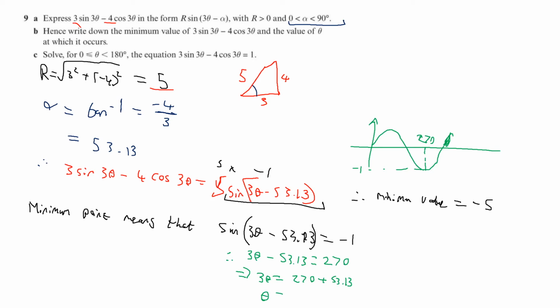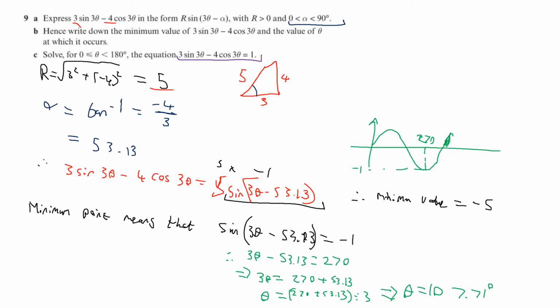And so therefore theta is equal to 270 plus 53.13, all divided by 3. And you can pop that into your calculators if you insist to. And I get theta as 107.71 degrees.